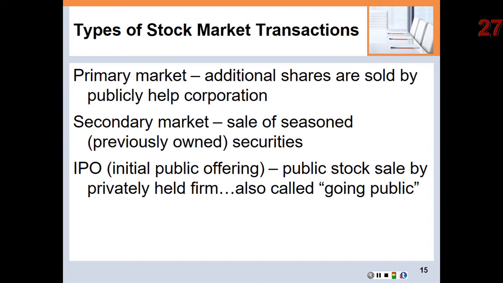Now, if they had priced Facebook stock at, say, $40 per share, and investors looked at it and said it's not worth $40, then they wouldn't have been able to sell all of the shares of stock. And that would have also cost the company billions of dollars in lost equity. So you have to be very accurate when you're setting the price of a stock when you're selling it for the first time.